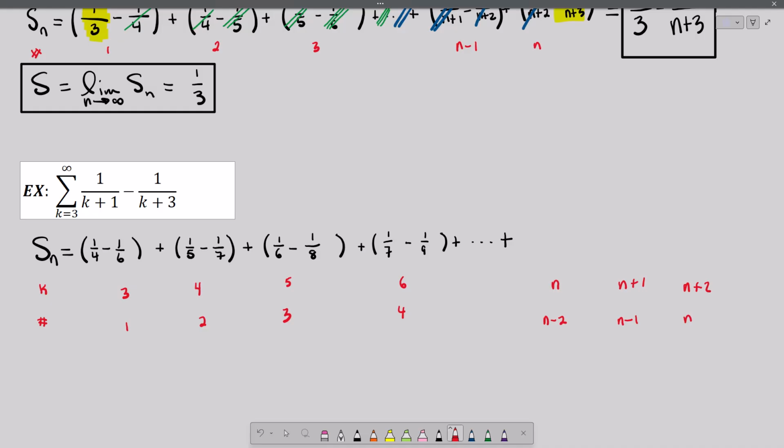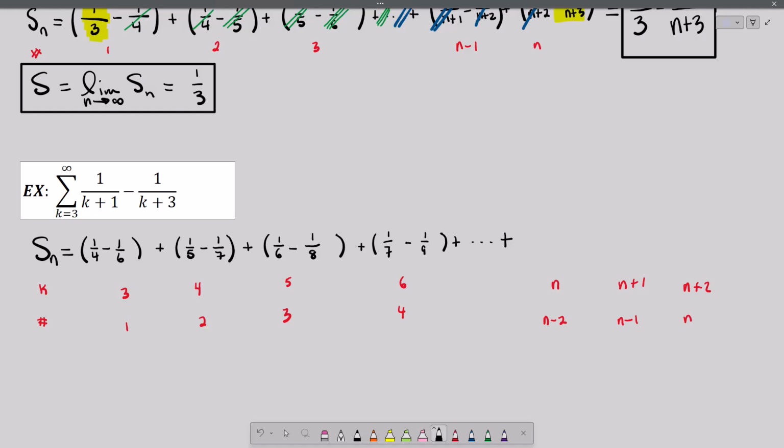So if we want the n minus second term, we're going to plug in k equals n. If we want the n minus first term, we're going to add 2 to that and plug in n plus 1. If we want the nth term, we're going to plug in n plus 2. All right, so the trickiest part is not the calculus part of this.